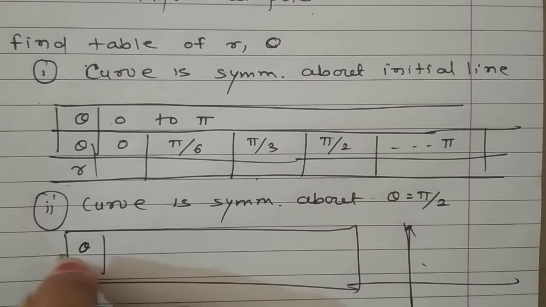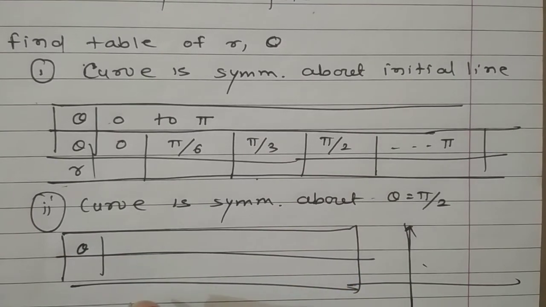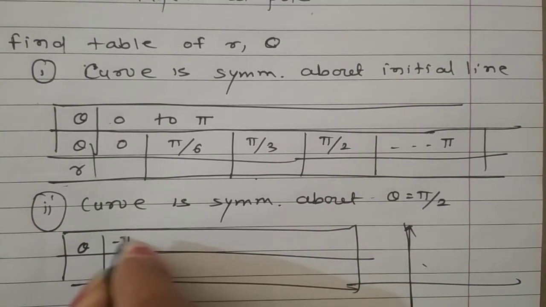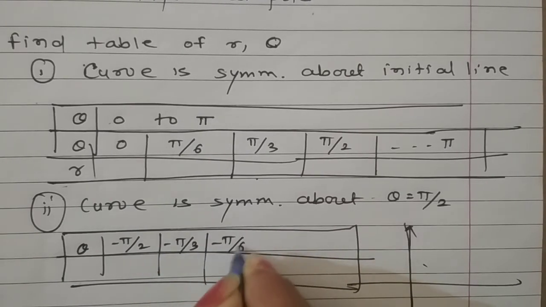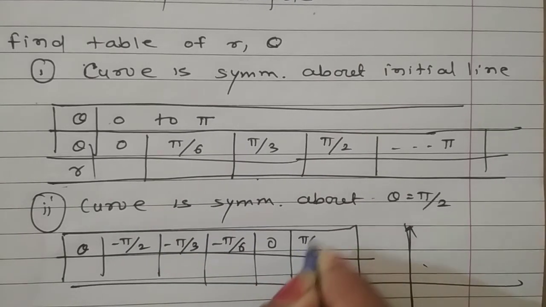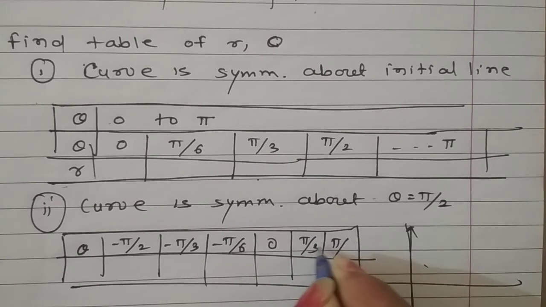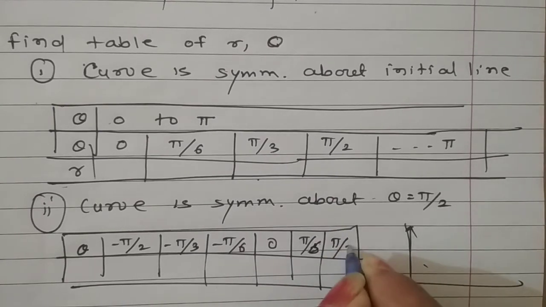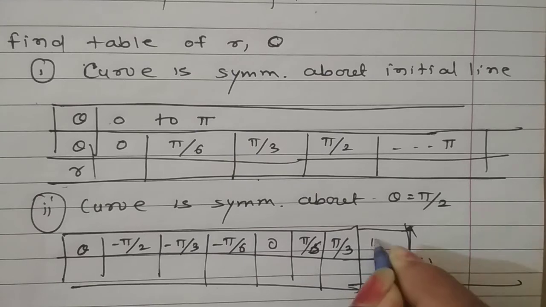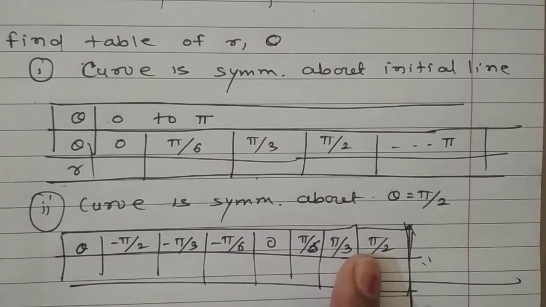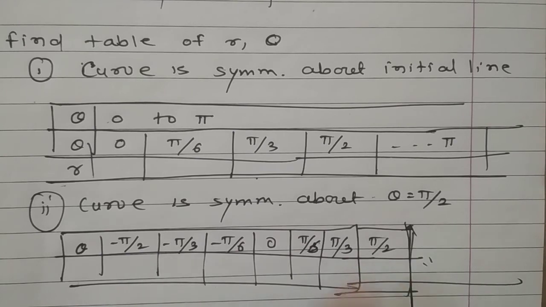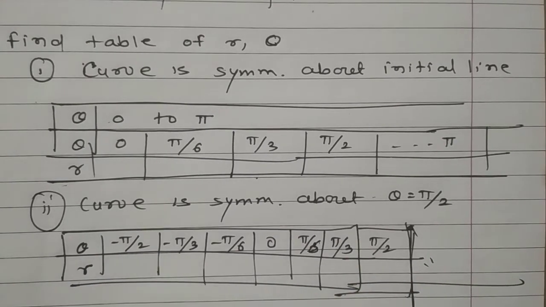In that way, we take values of theta from minus pi by 2, minus pi by 3, minus pi by 6, 0, pi by 6, pi by 3, and 90 degree, pi by 2. Means minus pi by 2 to pi by 2, and find values of r.